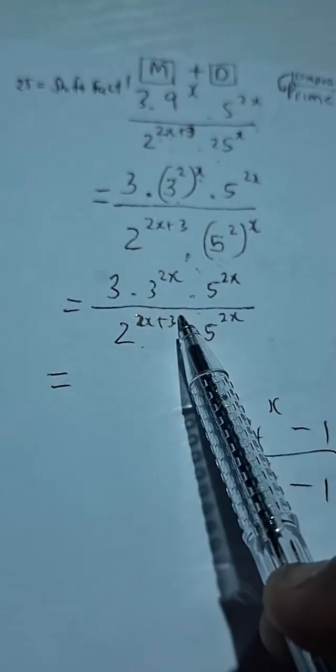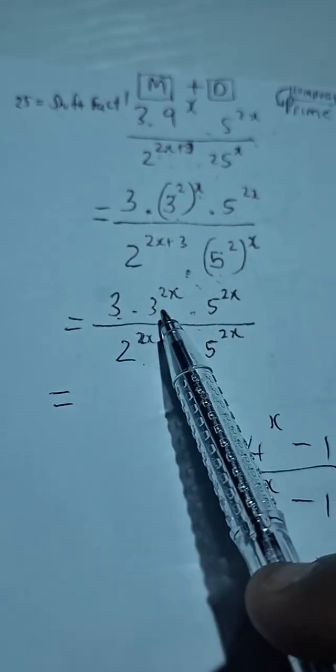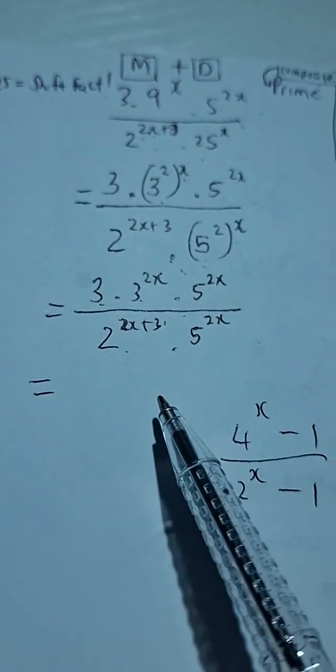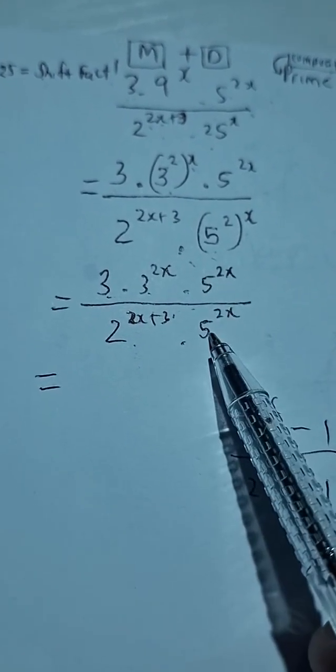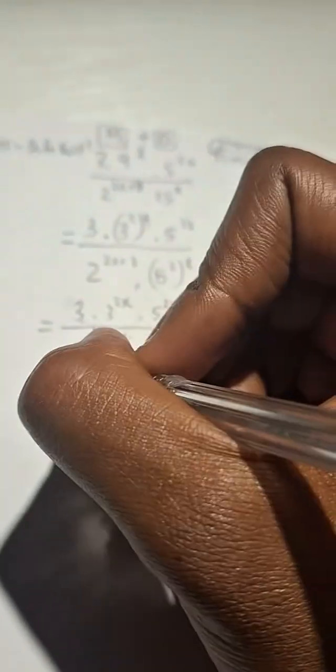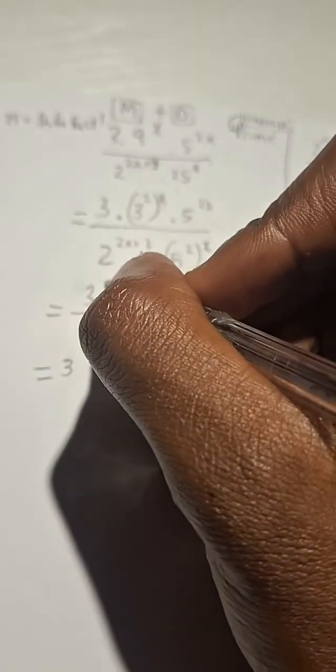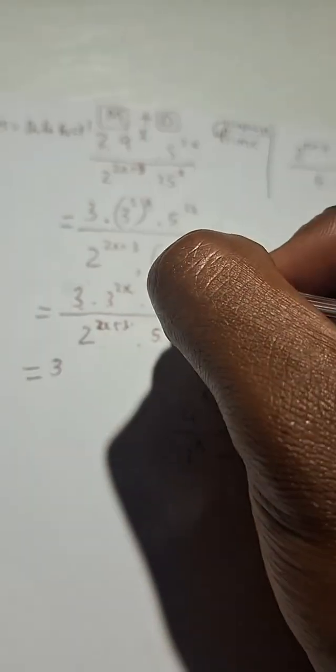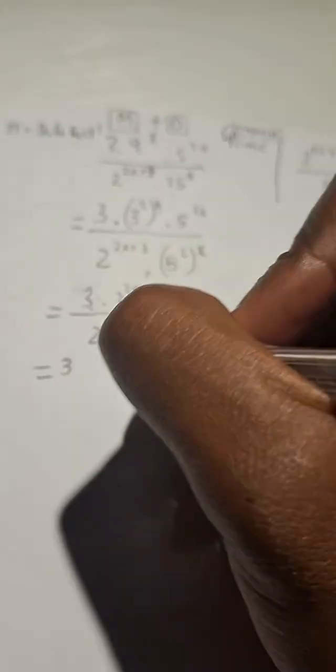Then from here, 3 base is the same, 5 base is the same, 2 base goes alone. So I'm going to collect all the bases 3 and take their exponents and apply the law. Those that are in the same position in the numerator, it means I add the exponents. If the base 3 is the same in the denominator, I would subtract.